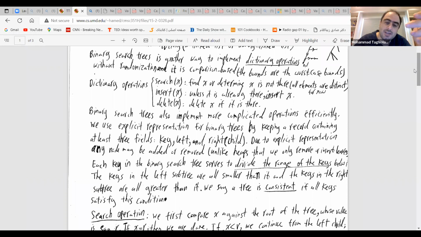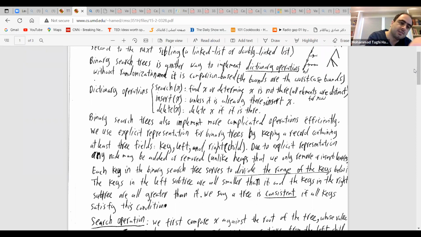Binary search tree, as we discussed, and a little bit of generalization, AVL trees, have good properties: the worst case is log n. So for hashes, lots of operations are order one.